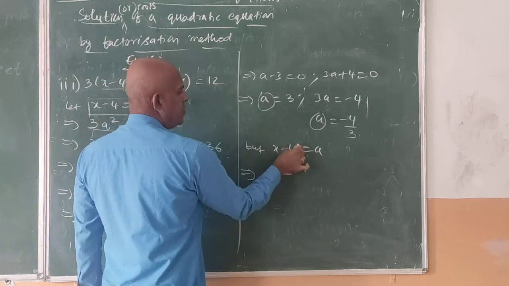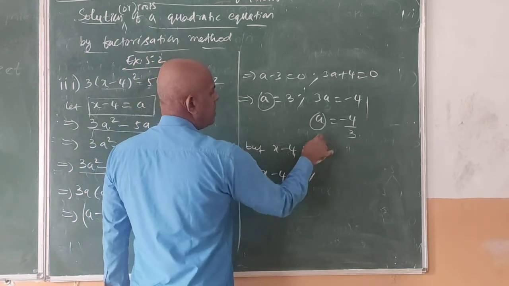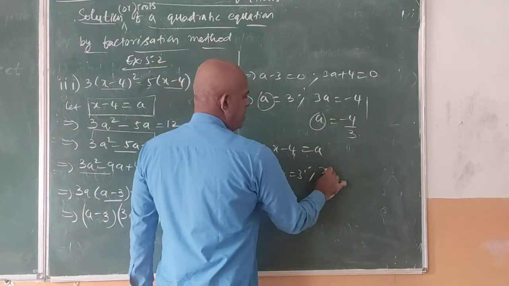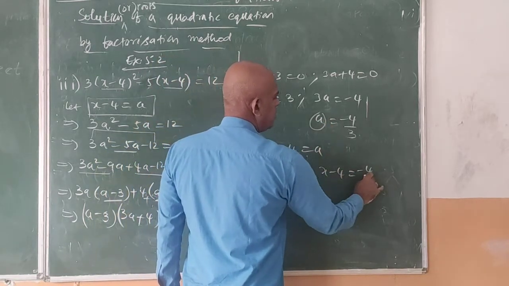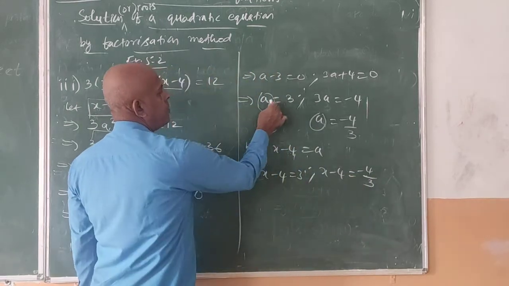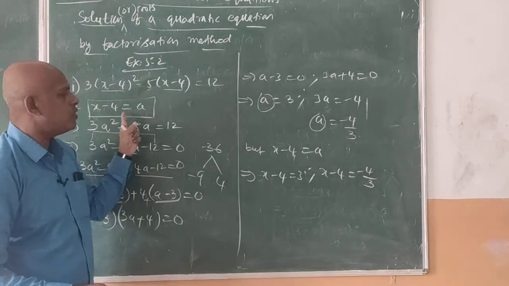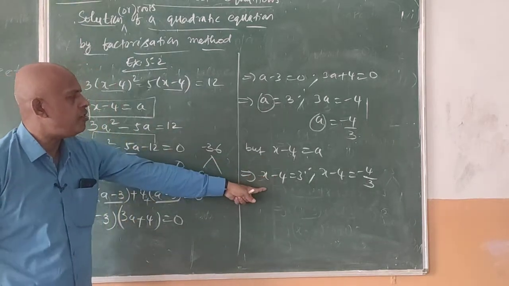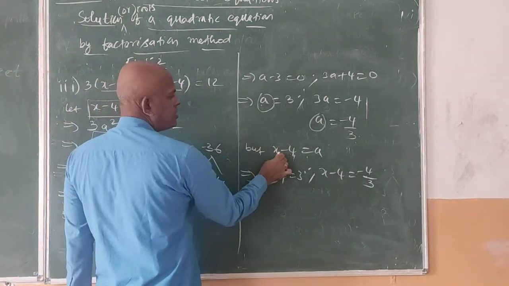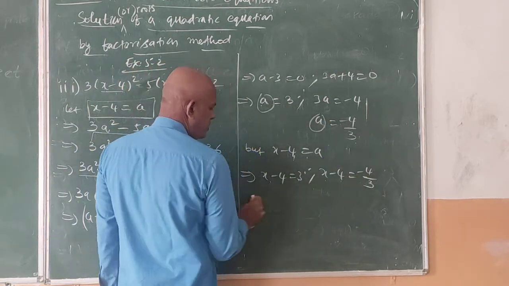So x minus 4 is equal to 3, and x minus 4 is equal to minus 4 by 3. We have to find the x value, not the a value.